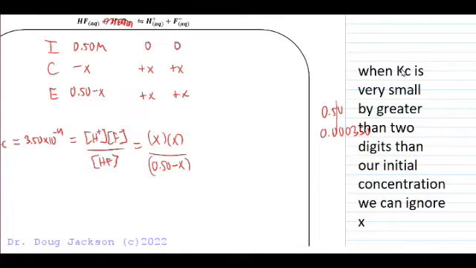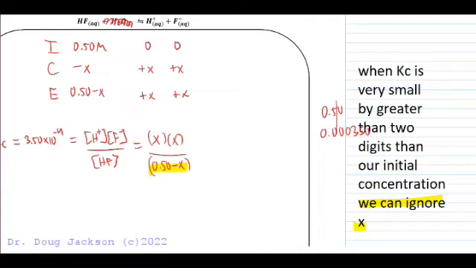And so what that means, this is the place where we can ignore X in this expression when it's related to 0.5. We can ignore it up here. We're not going to lose any chance of calculating our equation. I'm going to prove it to you by doing it both ways.